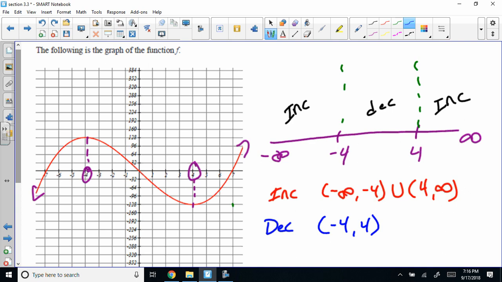A valley where nothing is lower, either to the left or to the right, is an absolute minimum. But if you have little hills and valleys in between, and it's not the highest point nor the lowest point, like this one, then you have what are called local. You can tell that this is a local maximum, a mountaintop, and this is a local minimum.